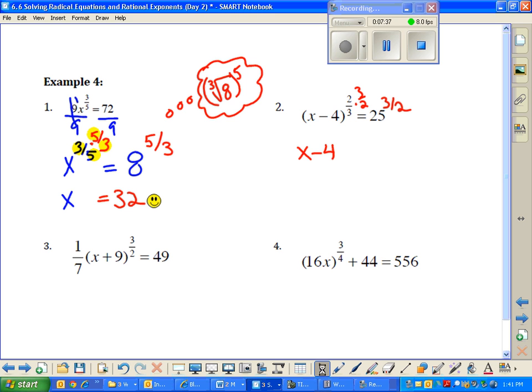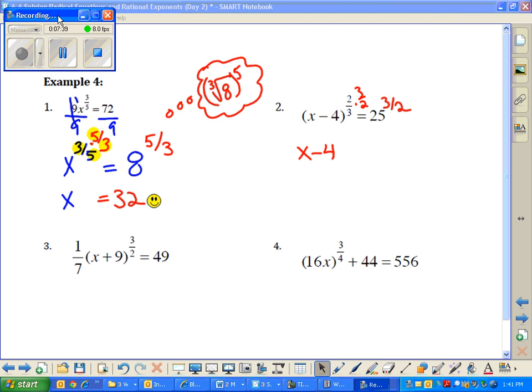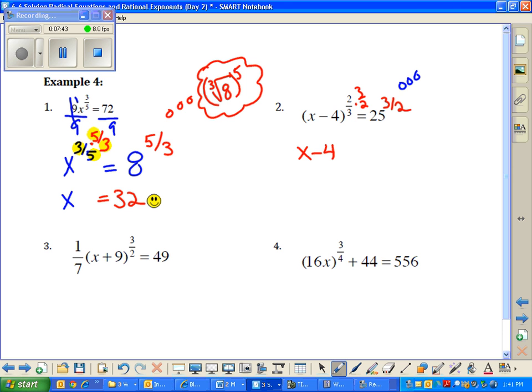Put my little thinking cloud here. So here's you thinking so carefully about what that right side of the equation means. I know that if I raise 25 to the 3/2 power, that is the same as taking the square root of both sides.